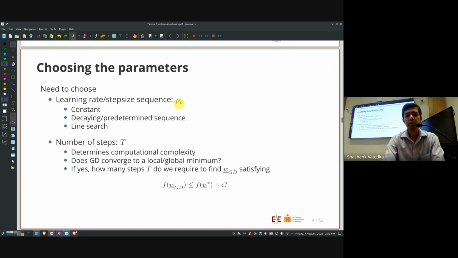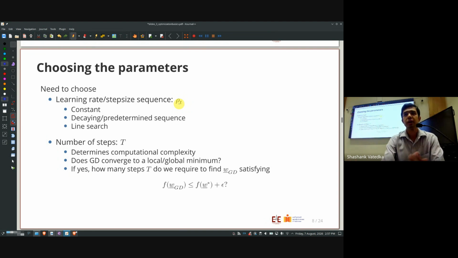So that's one thing. The other parameter that we need to choose is the number of steps. For how many steps do you run gradient descent? The reason why this capital T is so important is because it determines the computational complexity. Every iteration of gradient descent incurs some computational complexity, so the total computational complexity is basically T times the computational complexity of each step.